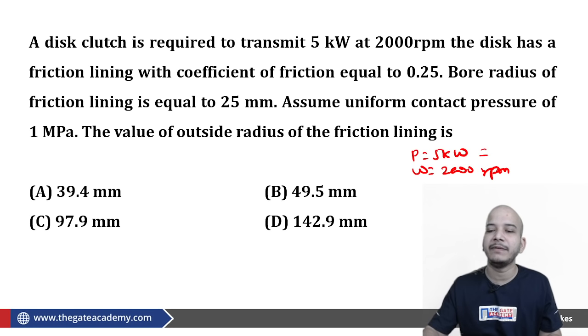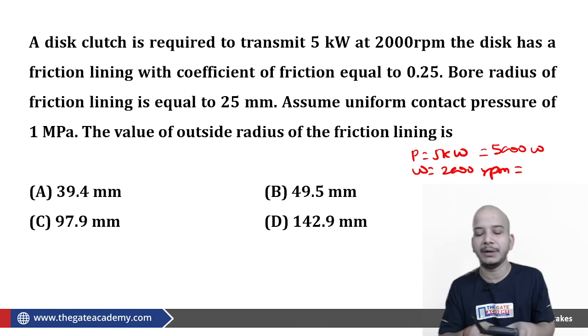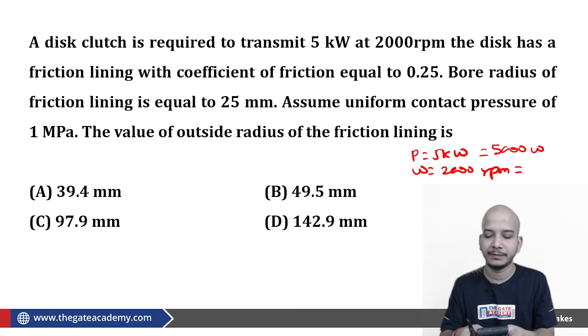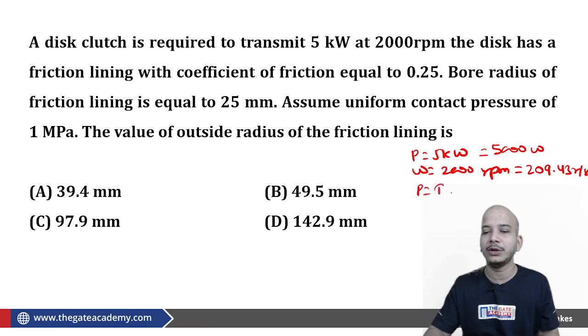So basically this 5 kilowatt can be written as 5000 watt, and this 2000 RPM can be written as 2 pi N by 60. So this omega is basically 209.43 radian per second. From here you know that power is equal to torque into omega.